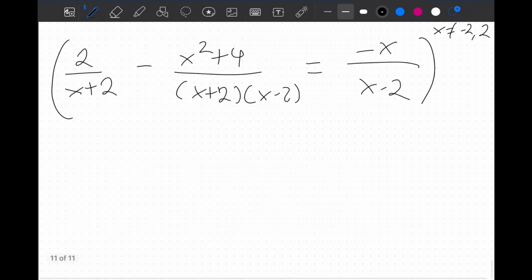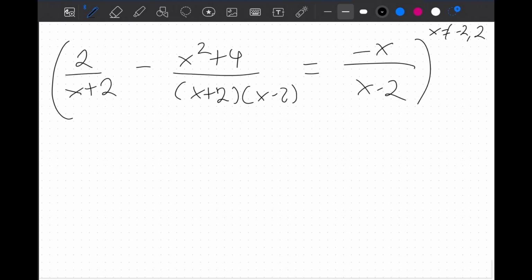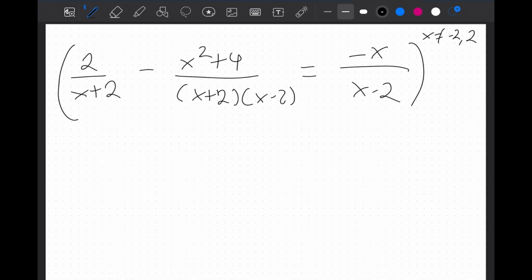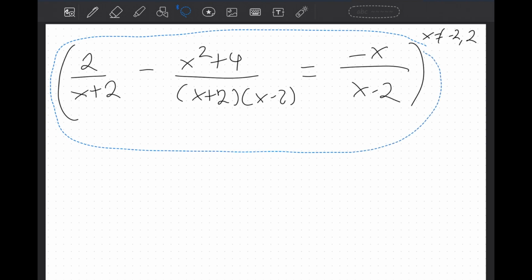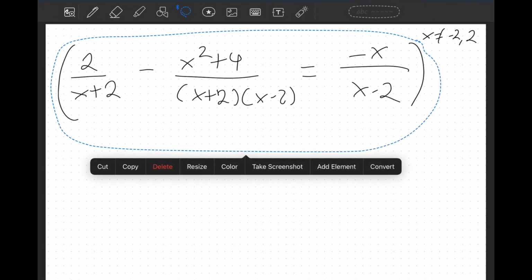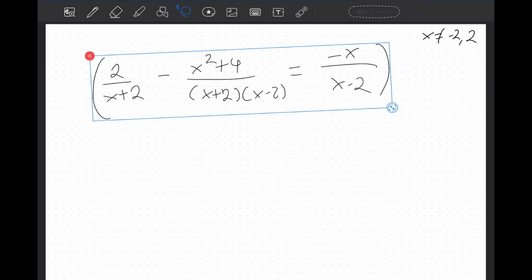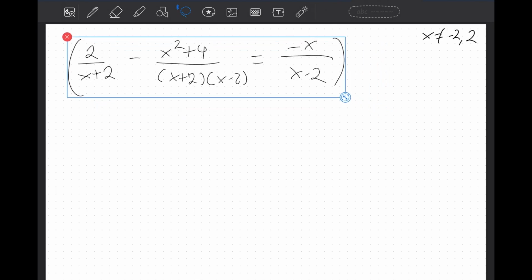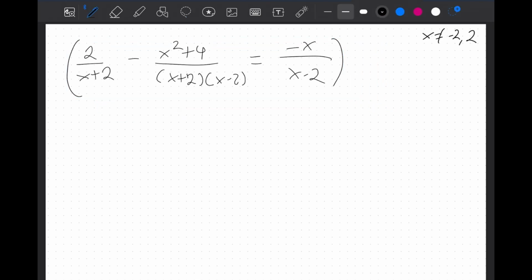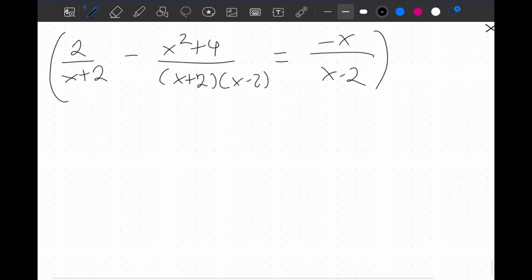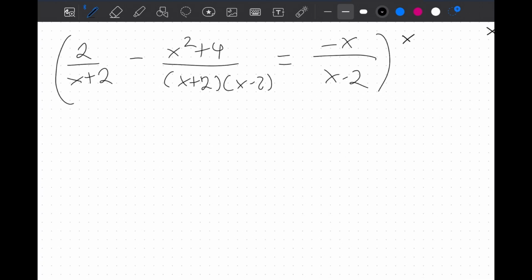And then as far as the common denominator, I'm just going to make this a little bit smaller so I have a bit more space. But yeah, I'm going to multiply everything by the common denominator, which in this case would be x minus 2, x plus 2, but I'm not going to FOIL it right away.